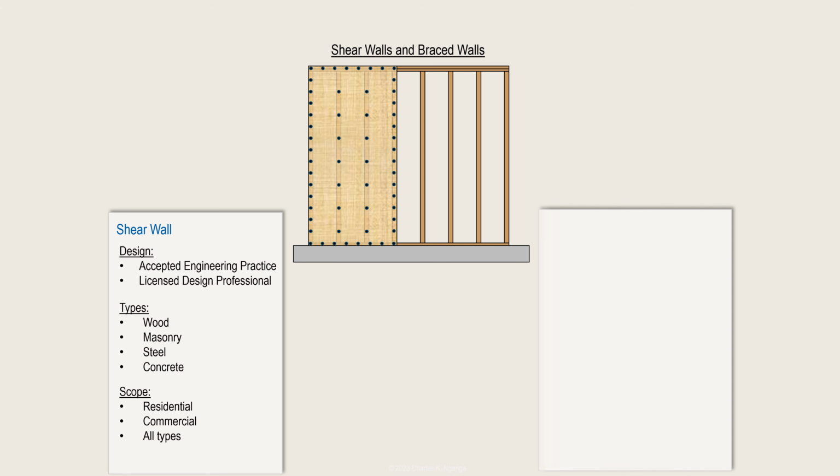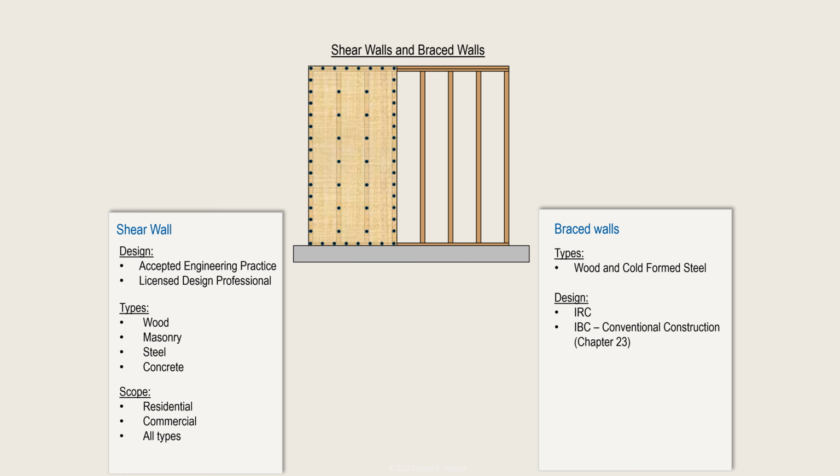On the other hand, we have described braced walls as wood-framed wall systems that are intended to resist lateral loads. The Residential Code also uses the term braced wall panels when describing lateral force-resisting systems in the cold-formed steel wall framing section. The design of braced walls is nested within the prescriptive provisions provided in the Residential Code.